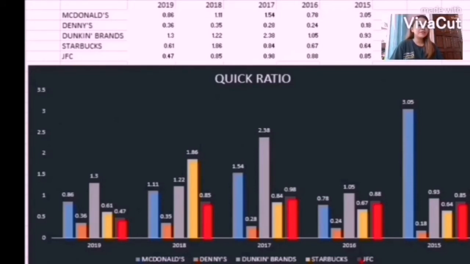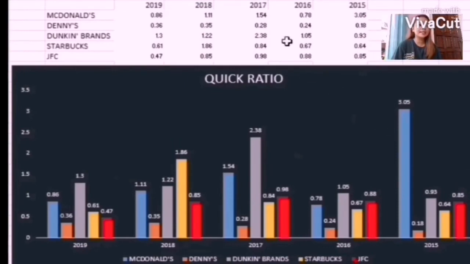As for the comparison of its quick ratio to other four competitors, we observe that in the year 2016, the ratio of JFC is higher than Denny's, McDonald's, and Starbucks. But in the year 2017, McDonald's increased its quick ratio higher than the JFC.